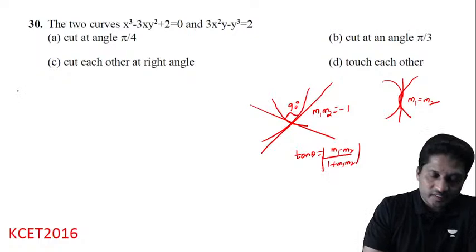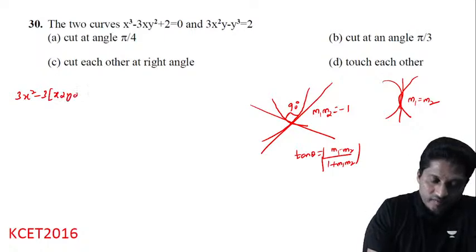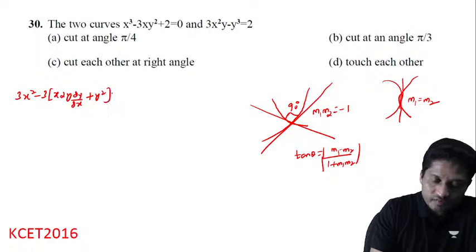So if I differentiate this, 3x square minus 3 times, first function is x, differentiation of y square is 2y dy by dx. Second function is y square, differentiation of x is 1.